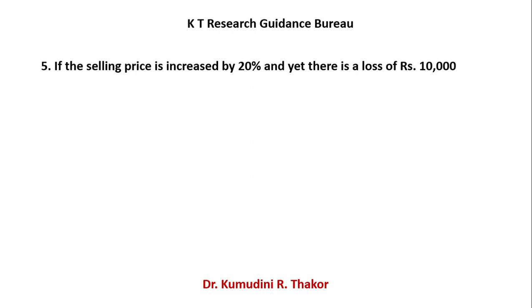if the selling price is increased by 20% and yet there is a loss of rupees 10,000. So what happened? You want to increase the price by 20% even though there is a loss of 10,000.